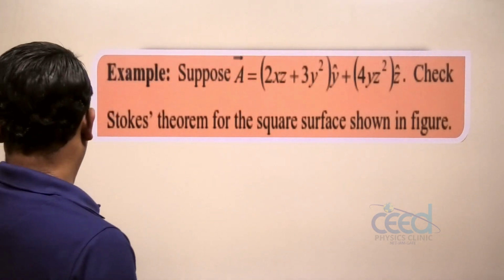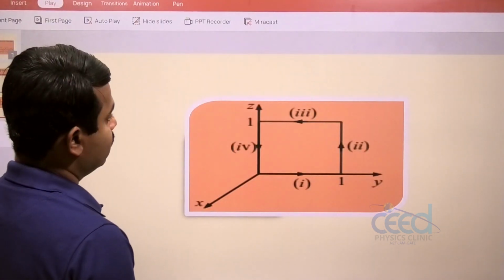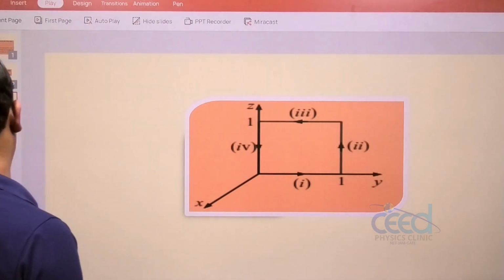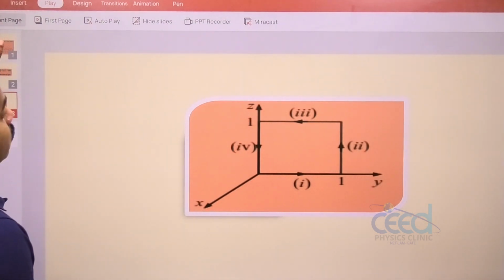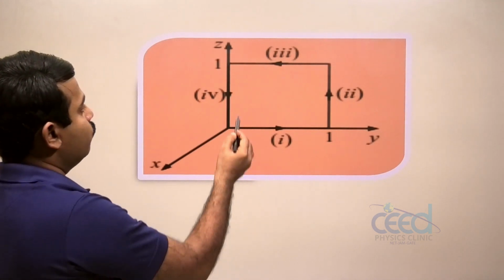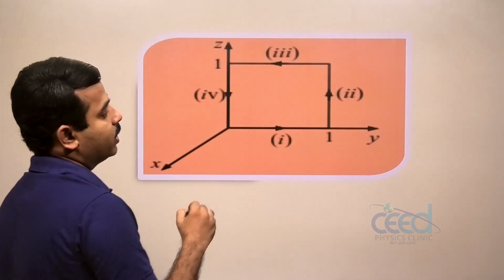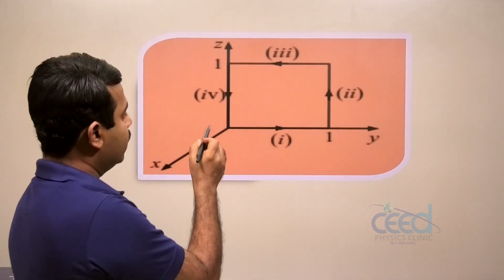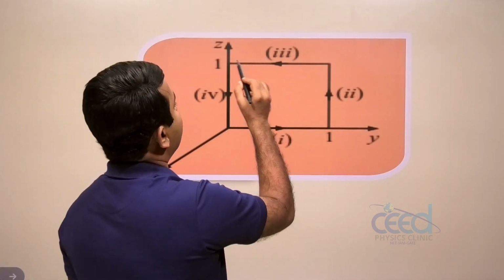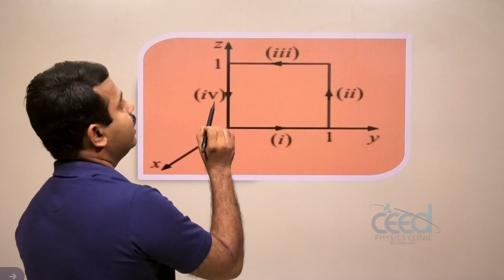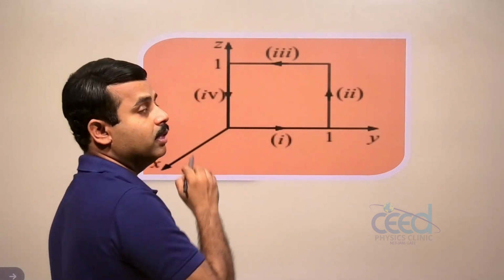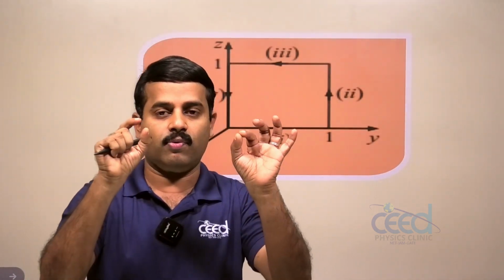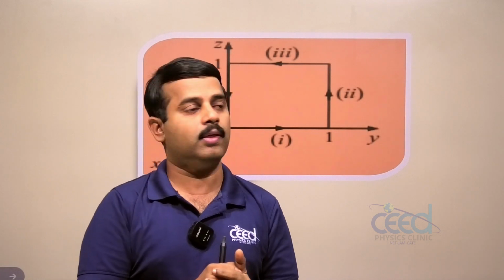For this square surface we want to prove Stokes theorem. The square has side length 1 and is located in the YZ plane.